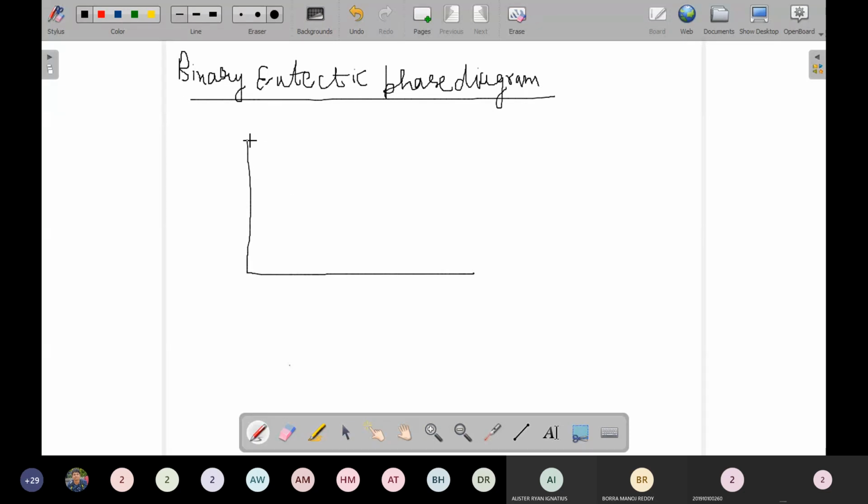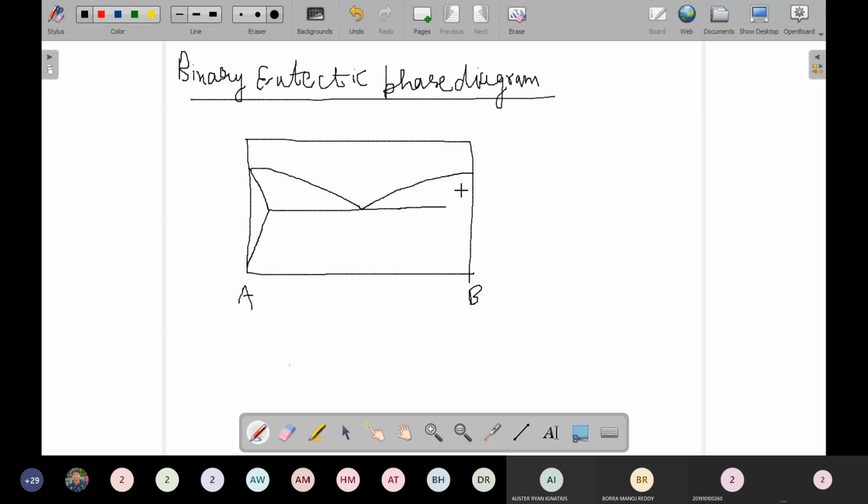If you draw the binary eutectic phase diagram for this two component system, okay, so here we are having A and here we are having B. Okay, so this is how this binary eutectic phase diagram looks like.